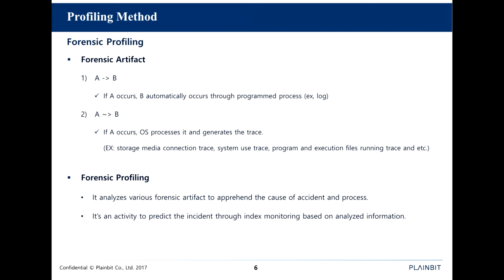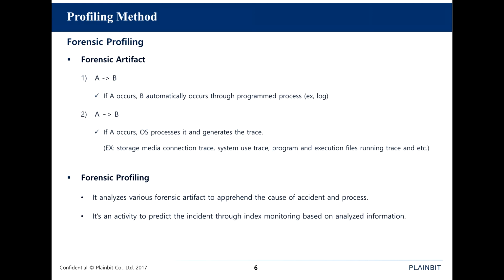The second is a B trail that is left while processing A when A occurs, and this trace can consist of more than one. Examples of this include traces of copying files to a storage medium, traces of program execution, and the like.